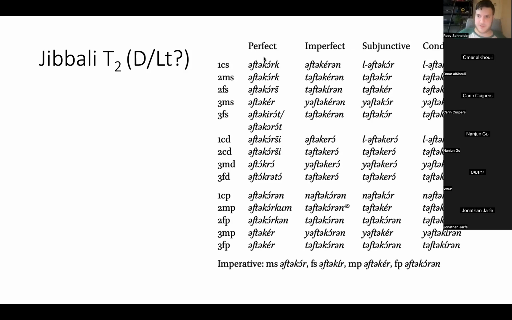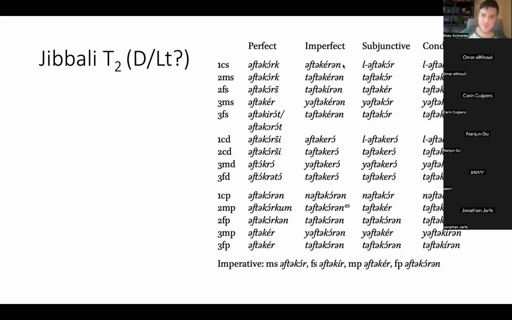The perfect is very, very similar, but افتكر with an A. So this is kind of more like the flit of the H1 stem that changes to all before the suffixes. And the imperfect has the N at the end.